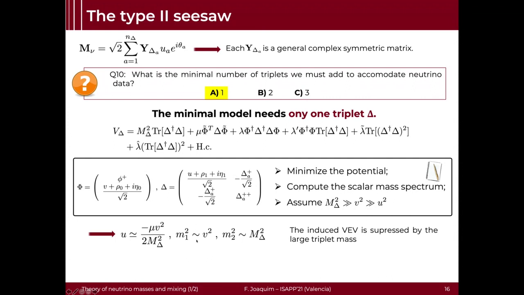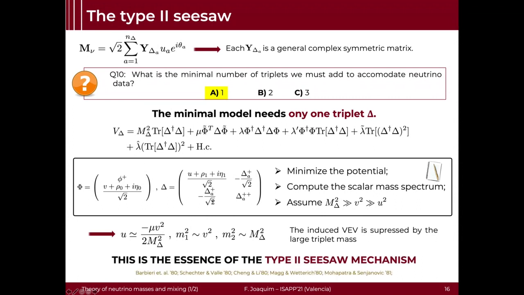Then you have the neutral scalar mass spectrum. You will have one state whose mass is around the electroweak scale, and another one with the typical mass equal to m delta. Okay, and this is actually the basis of the type 2 seesaw mechanism.